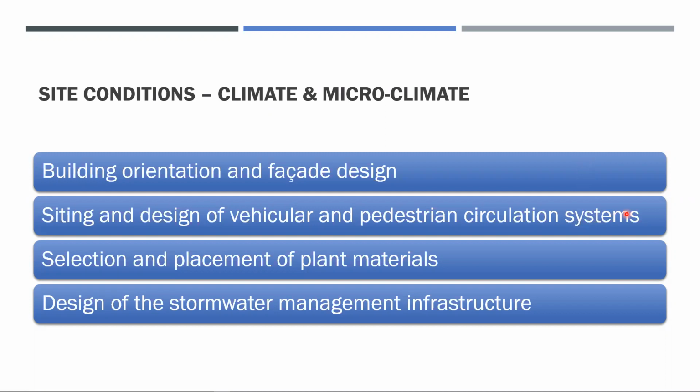Microclimate also influences the selection and placement of plant materials and the overall design of stormwater management infrastructure. Now, seasonal and monthly climate data are generally available from National Weather Services.